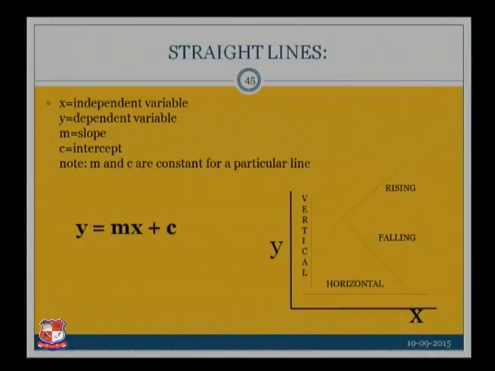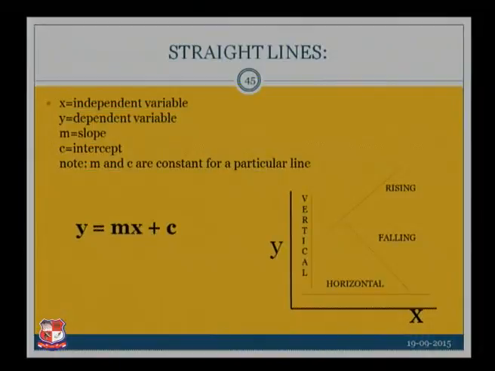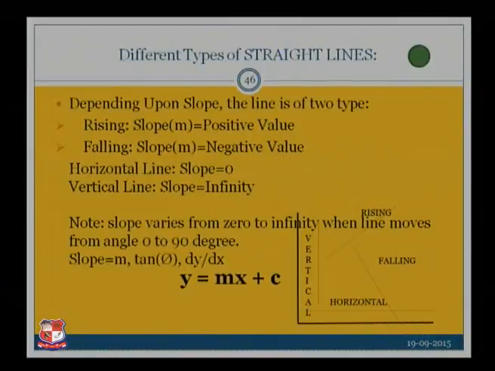That term is actually, you see, the issue. M and c are constant, but this constant is for a particular line. When the line changes, m and c change, that is why they are parameters. A parameter is a fixed value for a particular line, but it changes with a different line when the line gets changed. Okay? That is the parameter.